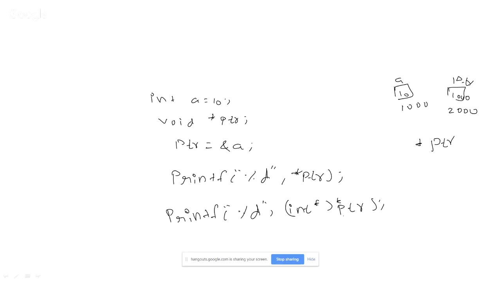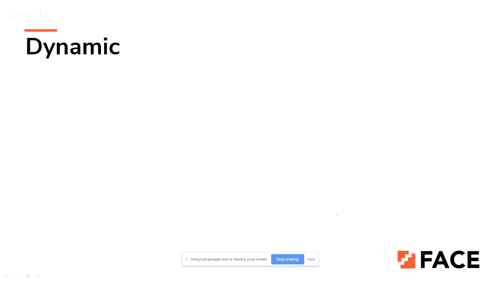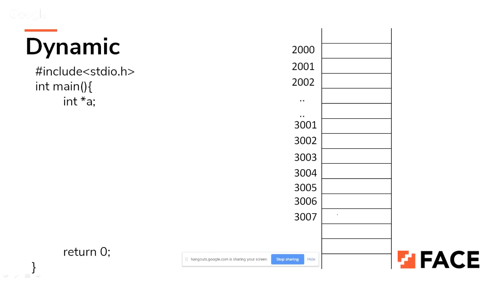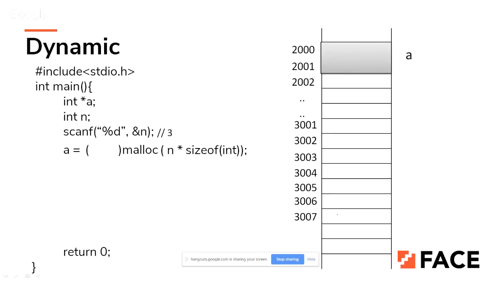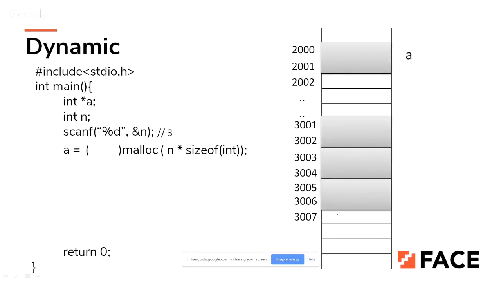A void pointer cannot be dereferenced. For this reason, I am typecasting in dynamic memory allocation. The malloc function will return a void pointer, and since a void pointer cannot be dereferenced, I will be typecasting into an integer pointer. This is the reason why we are typecasting this.